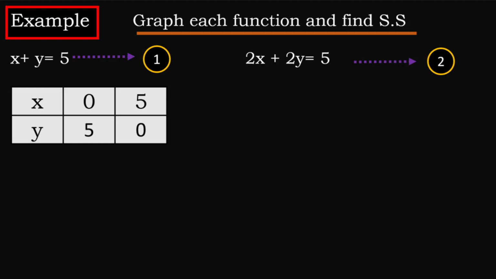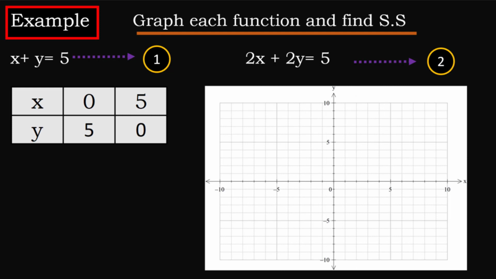And when y equals 0, we deduce that x equals 5. So plot the two points (0, 5) and (5, 0) and draw the line. The green line represents the first equation.